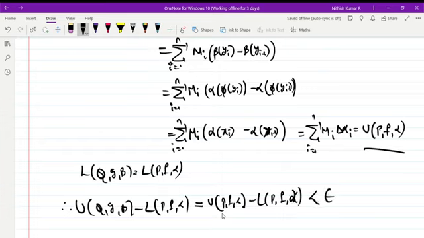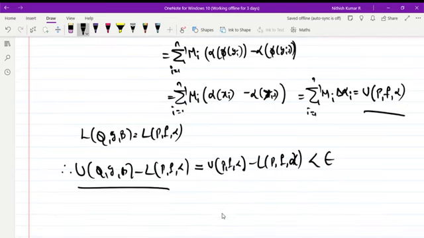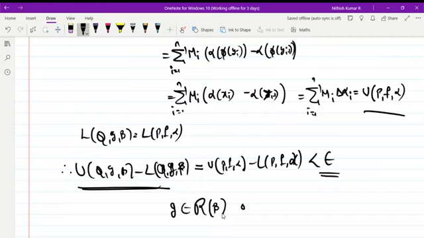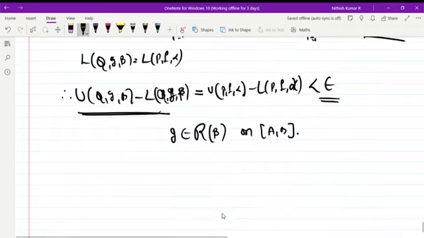Now which is less than epsilon using Riemann's criterion for integrability. Therefore U of Q, g, beta minus L of Q, g, beta is less than epsilon. Therefore g belongs to R of beta on the closed interval a comma b.